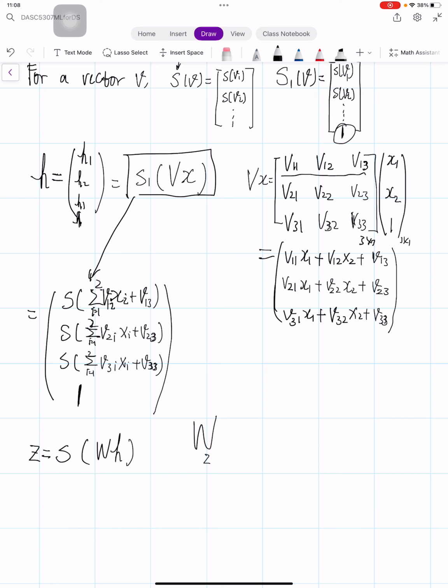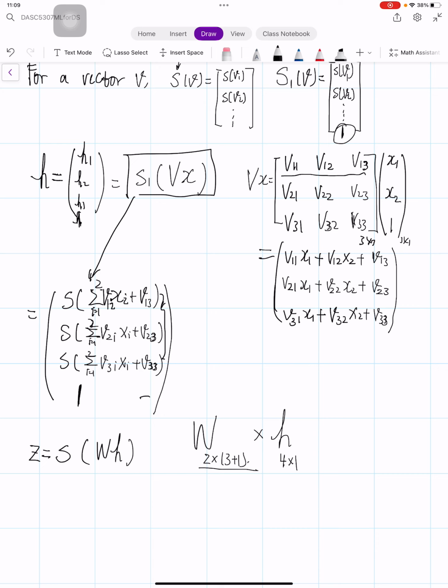We want 2 outputs, with how many hidden units in that layer plus a constant. So this is 3 hidden units plus 1. So w is a 2 by 4 matrix times h, and h is 4 by 1.